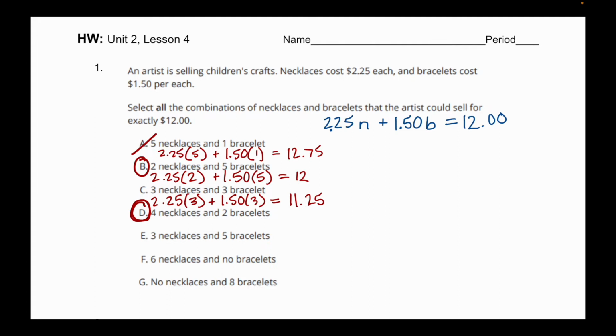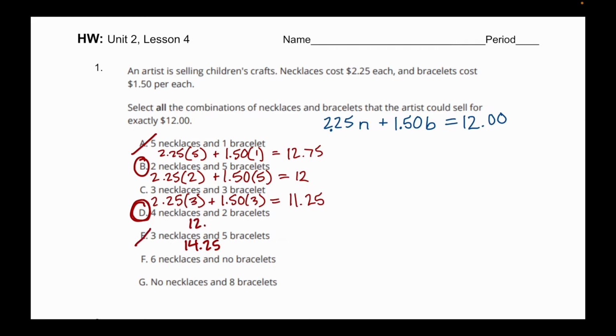E, we can check these numbers here. This one is going to give us, so if we have 3 necklaces and 5 bracelets, that is going to give us $14.25. So this is not going to work.